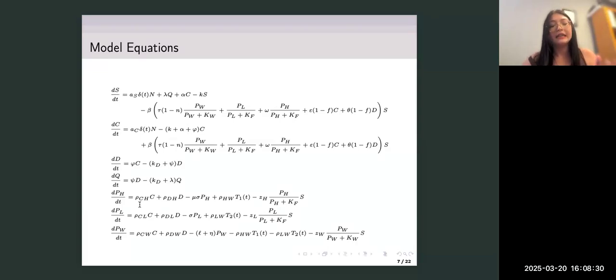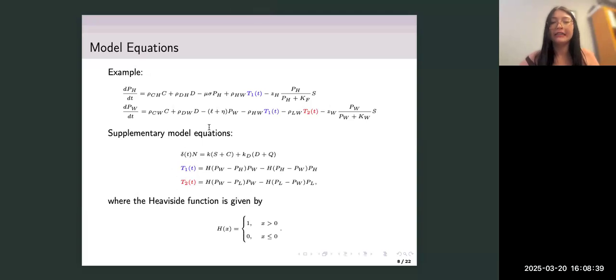In the last three equations, there's a T1 and T2, which are highlighted here. Basically, T1 and T2 describe a net transfer of spores, and it's one directional. Whichever spore class has the higher spore density will transfer onto the spore class with the lower spore density.